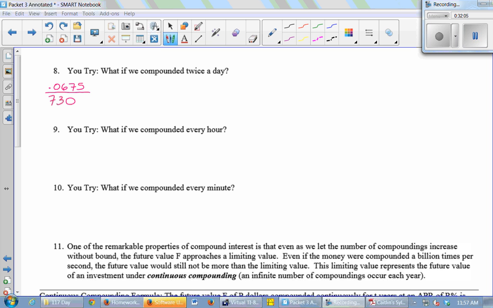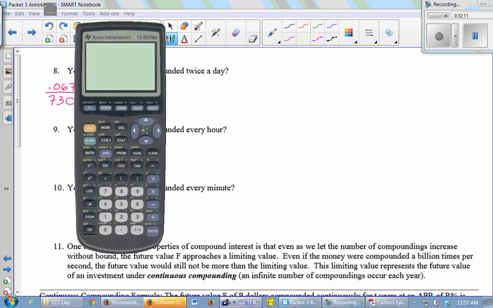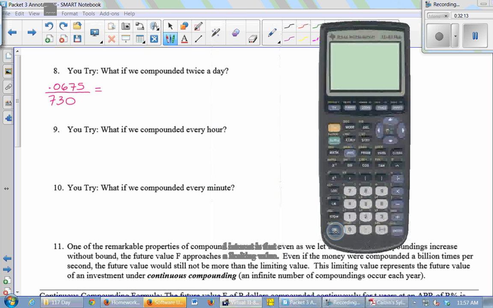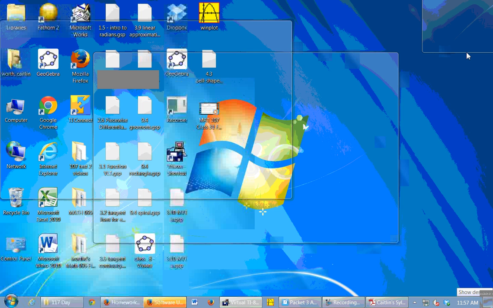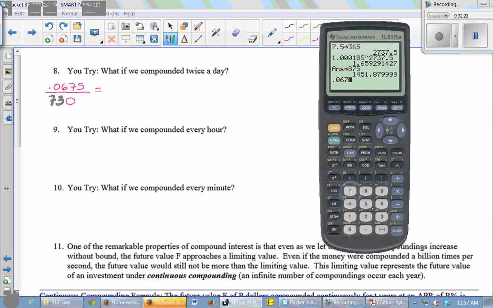That's 730 times. So you take that yearly interest rate, divide by 730. Okay, so 0.0675 divided by 730, and I get a really long decimal.